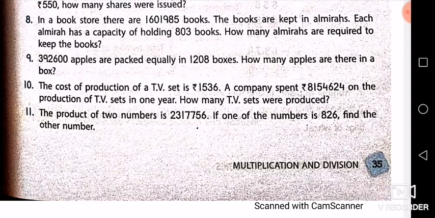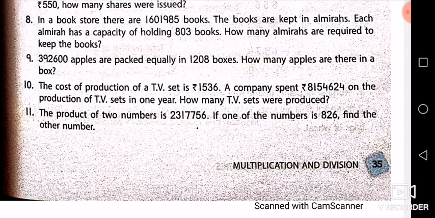I hope the questions we have done are clear, because most of the questions today were like: in this much money how many TV sets will be produced, or for keeping these many books how many almirahs are required.